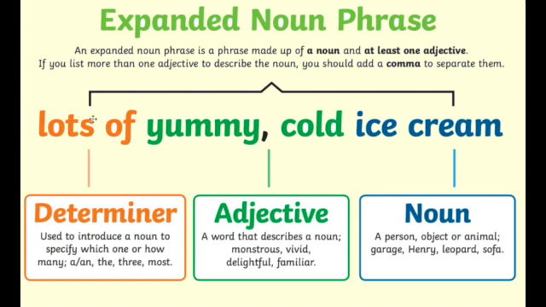Remember, it's my ice cream, your ice cream, his ice cream, 100 ice creams. This time it's lots of ice cream, so it specifies how much ice cream we've got in this instance. So we've got lots of yummy, cold ice cream. Brilliant. And we also need to remember that comma in between our list of adjectives.